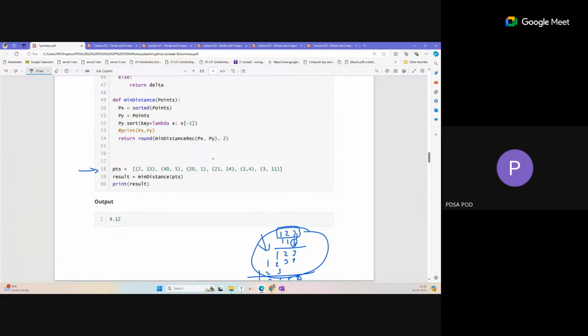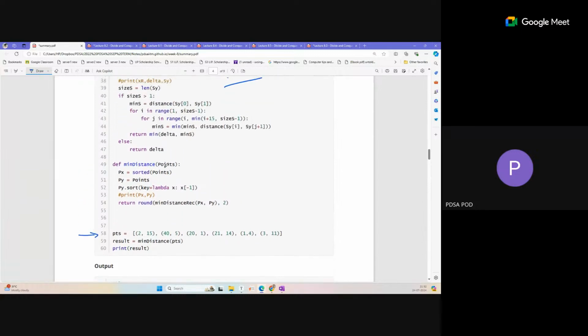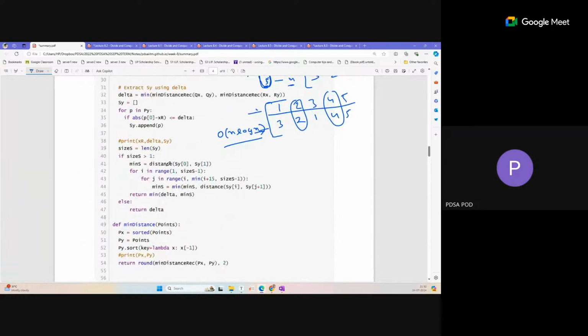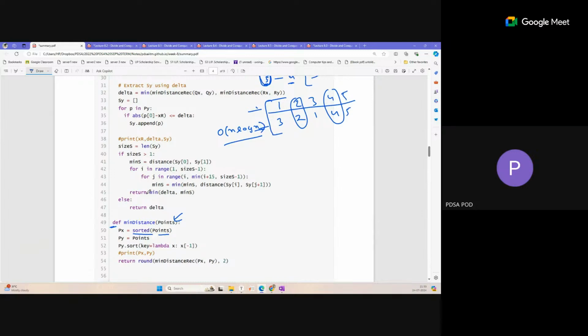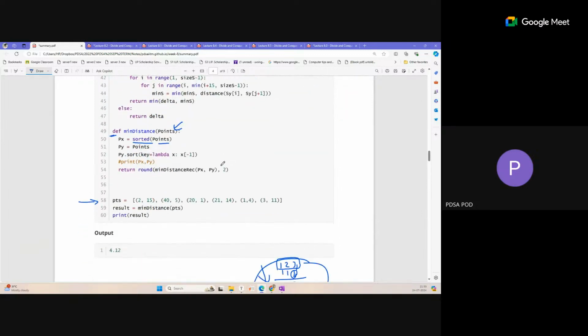Now when we call this min distance function with PTS, how do we start? This is the main function. We pass this main list, but after that what are we doing? We are sorting this list into sorted points, based on the X. That means this is the X and this is the Y axis. So our list will be sorted based on the first value.